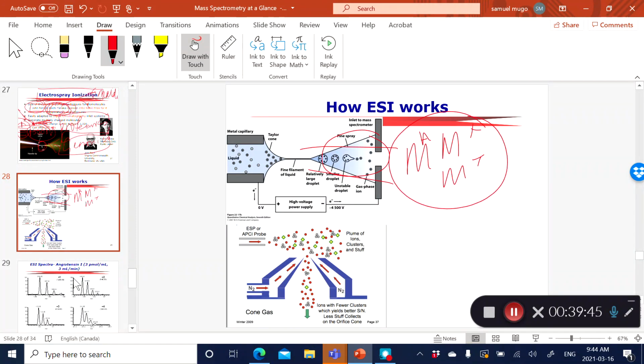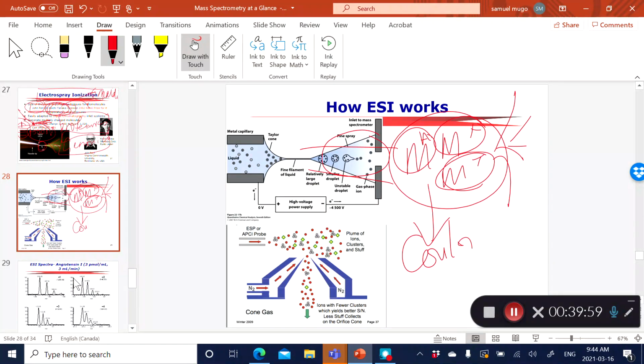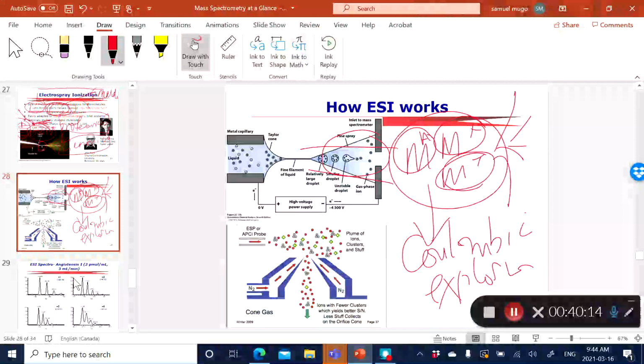This is a droplet. And of course, because these analytes are charged, they start to repel each other. And as they repel each other, it goes through what you refer to as a Coulombic explosion. So it goes through a series of Coulombic explosions. Coulombic explosions just means you've got these charged droplets, and as they keep repelling each other, they break apart into smaller droplets.